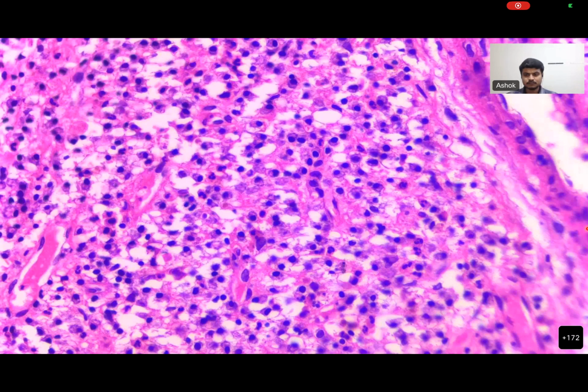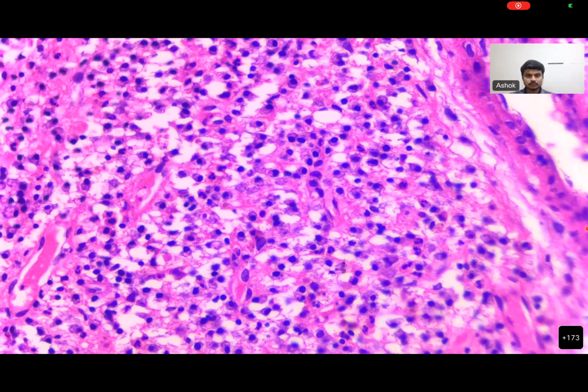Whenever you see lots of plasma cells, evaluate for multiple myeloma. Okay, definitely. So you think of a plasma cell dyscrasia. For that, what can you do? For one, you can do an immunofixation test to see if there is a monoclonal gammopathy.